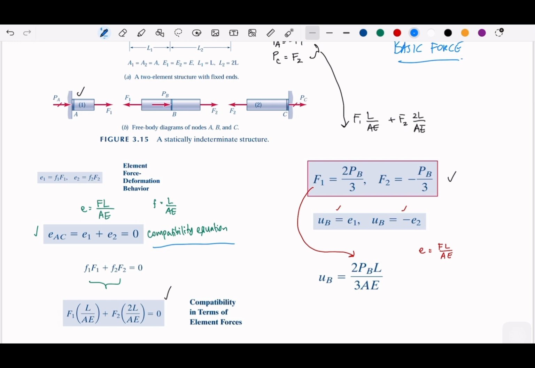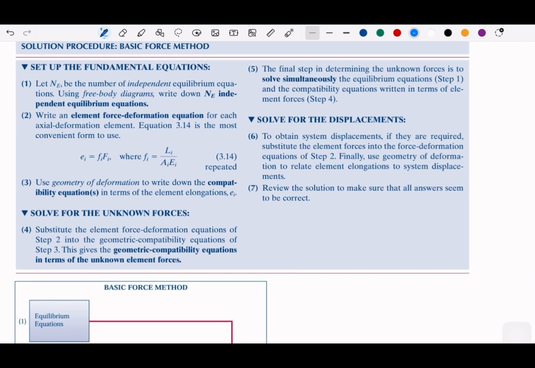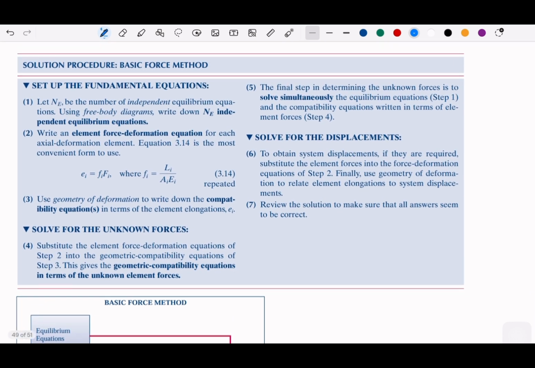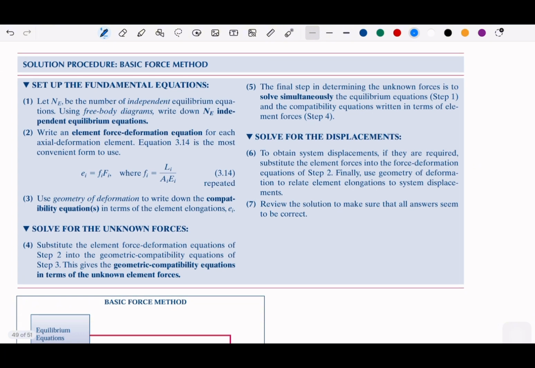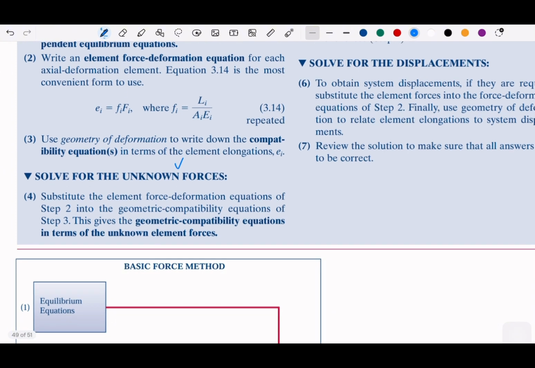So how to take the solutions is basically we set up the fundamental equations, and of course in this indeterminate structure problem, we are going to have unknown forces, which in our previous case are the forces from the walls. So we need to get the geometric compatibility equations, which are usually in terms of the elongations.